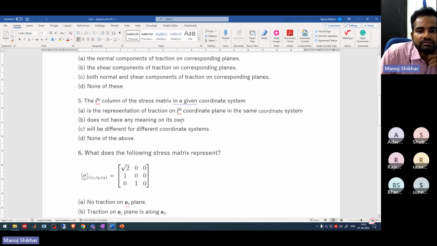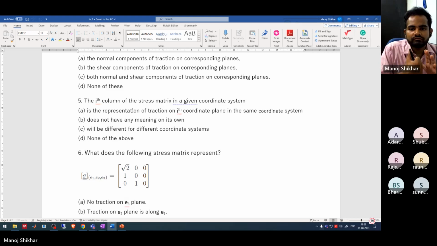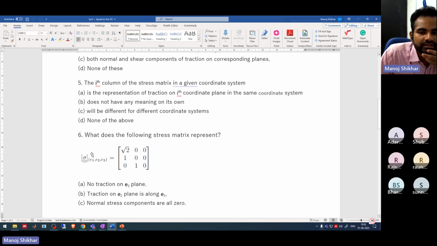Does not have a meaning of its own, will be different? No. The answer is A. The ith column of a stress matrix in a given coordinate system will be the representation of traction on the ith coordinate plane. The ith coordinate plane is the plane which has Ei as the normal. So it is the representation of a traction on the ith coordinate plane in the same coordinate system. Answer A is correct.